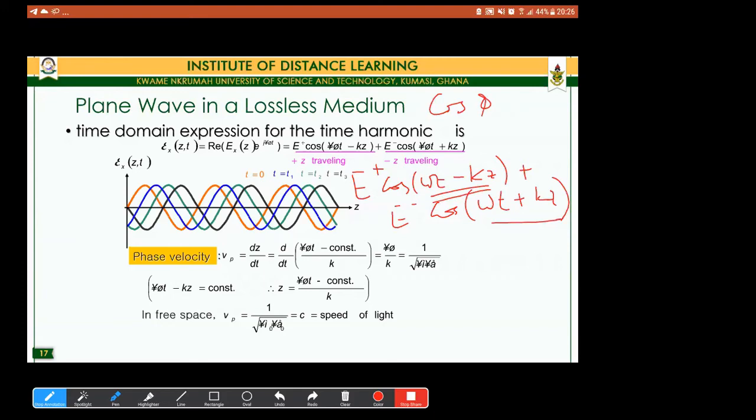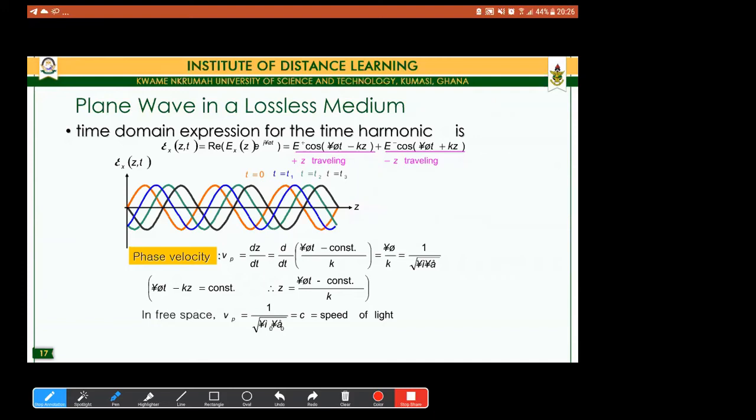So if we assume that the phase is constant, then omega t minus kz must be equal to what? A constant. If we make z the subject, then z will be equal to what?